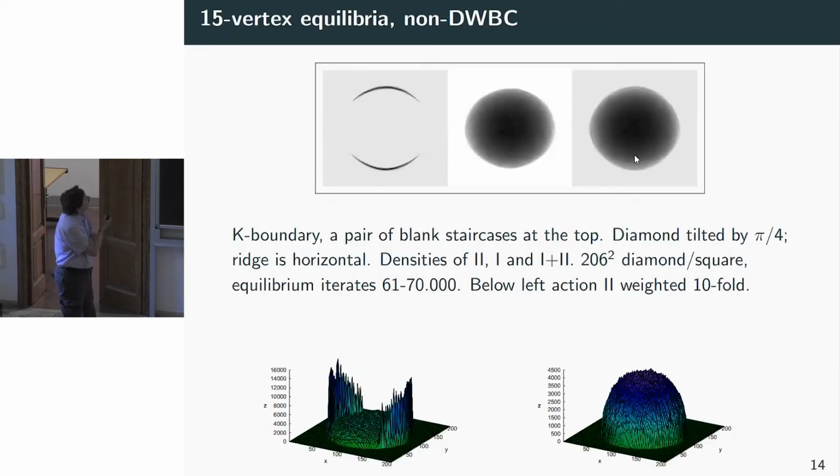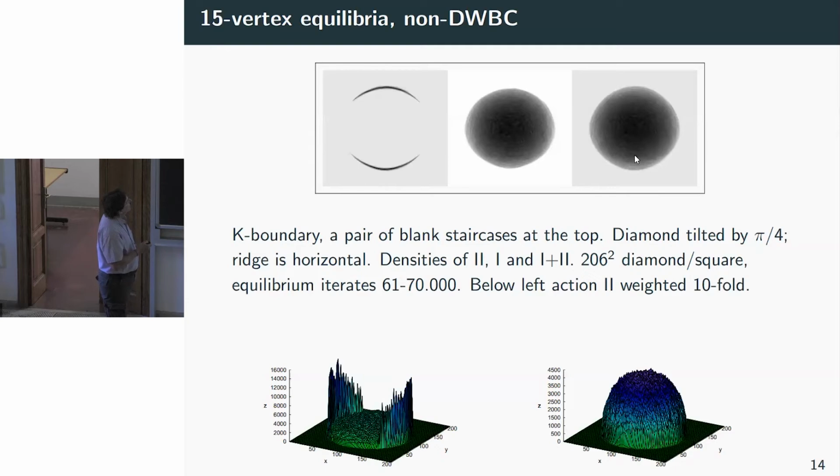So here's this is the diamond, and the ridge of the roof is horizontal in the middle in here. So the actual domain is now, this is tilted 45 degrees. The actual domain is in here. And what you see in this part in here is at the equilibrium where the action 2 takes place.